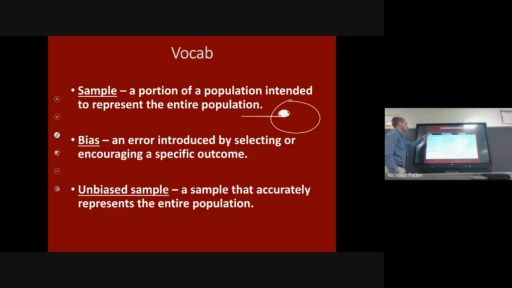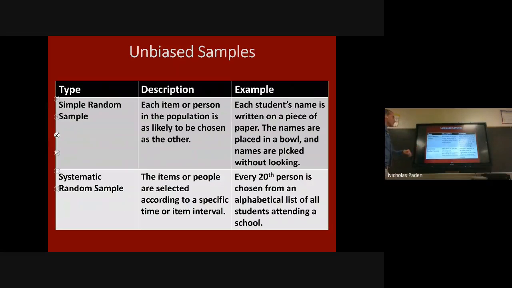So this chart gives us two different examples of an unbiased sample. The first one is called a simple random sample. A simple random sample is you just randomly choose who is going to be chosen. So it's completely random.